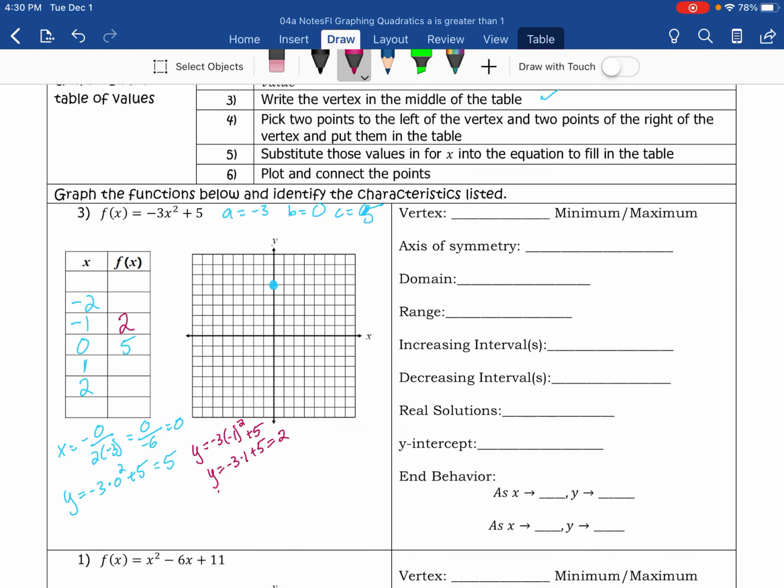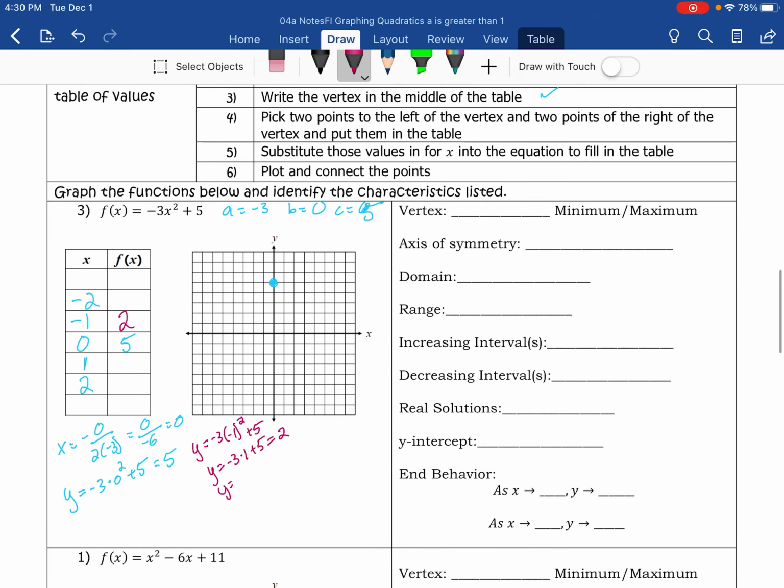For negative 2, y is equal to negative 3 times negative 2 squared plus 5, which is negative 3 times 4 plus 5. That's negative 12 plus 5, which gives you negative 7.